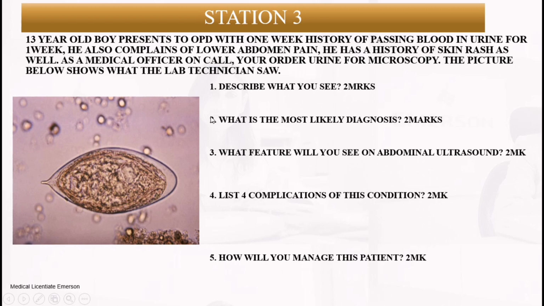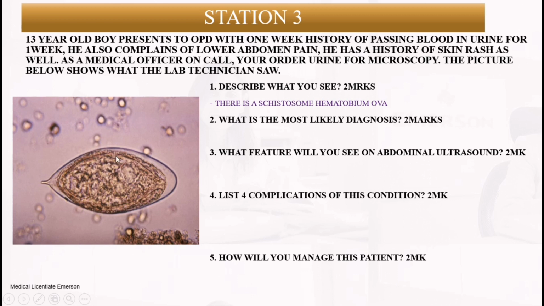So describe what you see. If you can see how the tail is looking and how its shape is, I'm sure you know the species of schistosoma. So you have to know which one looks like what, which one presents like what. So describe what you see. There is a Schistosoma haematobium ovum.